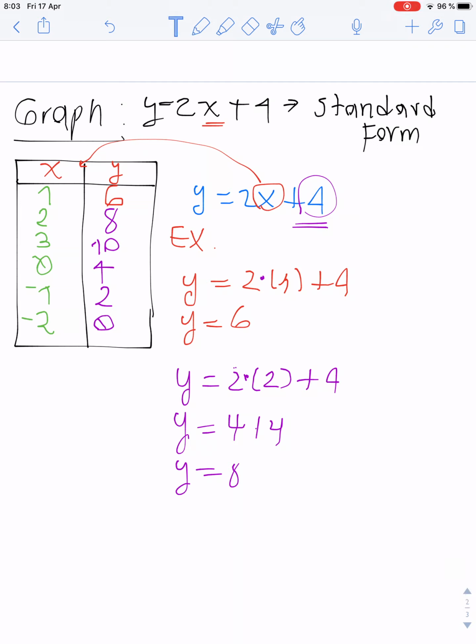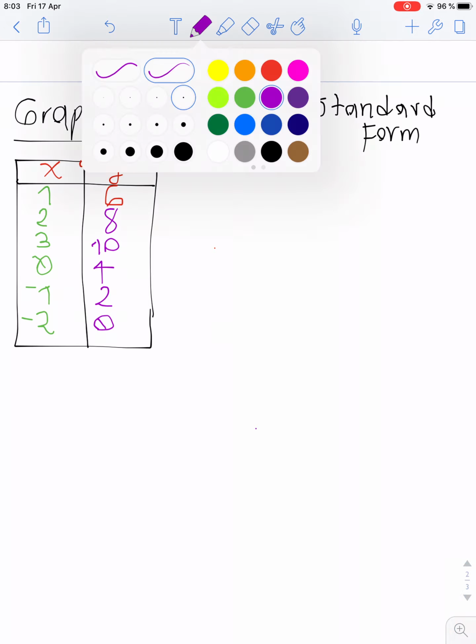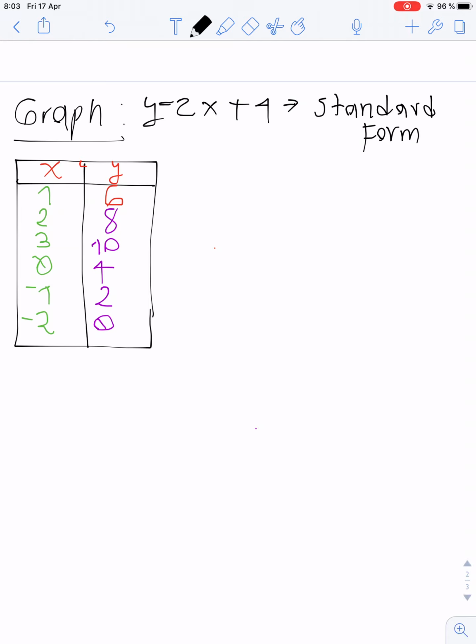Now when you get the table, we can graph. I'm going to make a space because it's easier having the table, and then we can refer to the graph. For example, this is x, this is y.